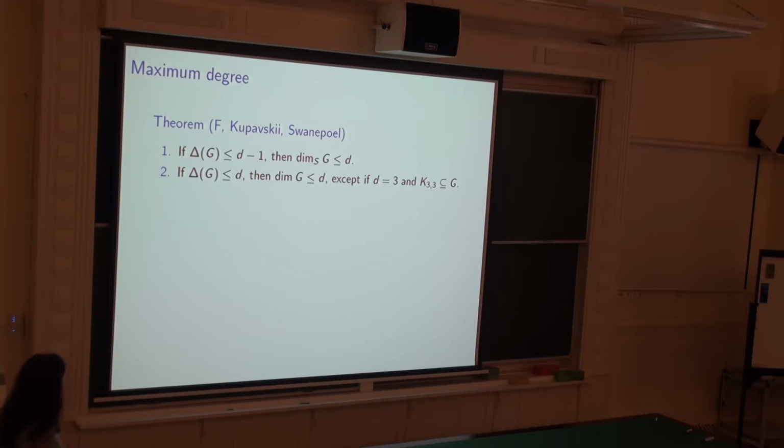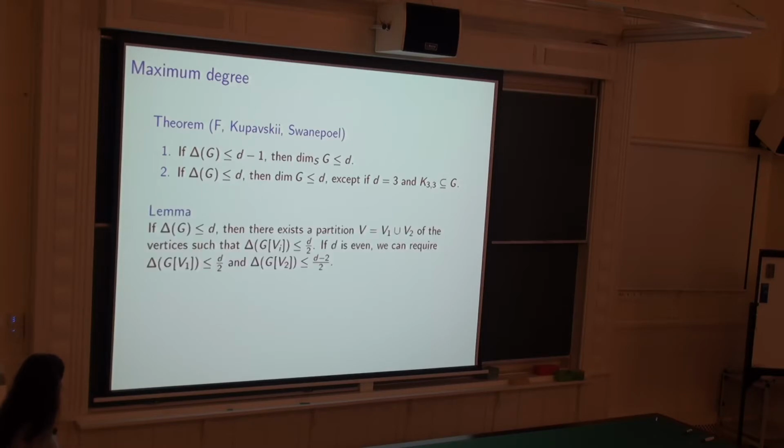First I'm going to sketch the proof of the first one. To do this, we need this combinatorial lemma. It says we can partition the vertex set of any graph into two parts such that in both parts, the maximum degree of the graph induced by those parts is at most half of the maximum degree of the original graph.